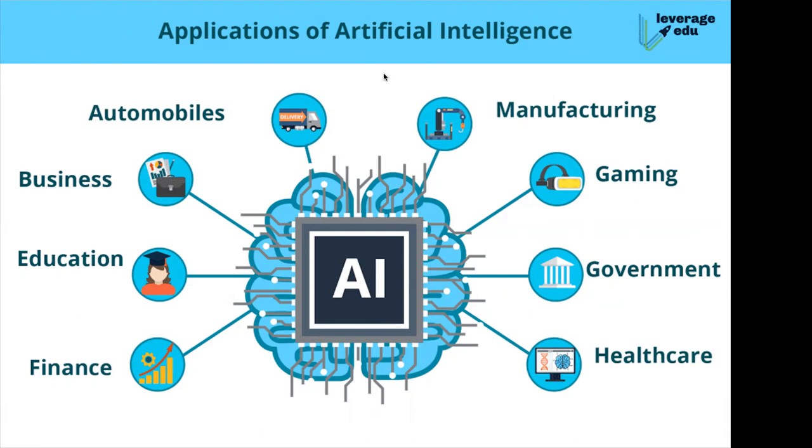We have the government, we have healthcare, artificial intelligence is entering into healthcare. We have financial services, we have education, we have businesses. These are actually eight practical fields where artificial intelligence is improving and impacting our daily lives.